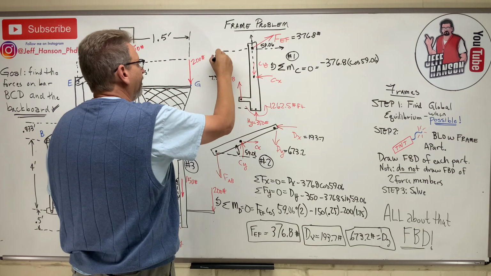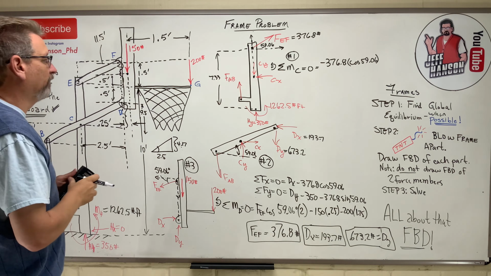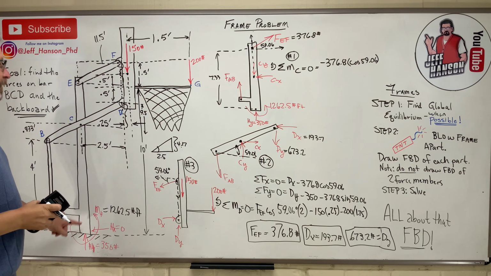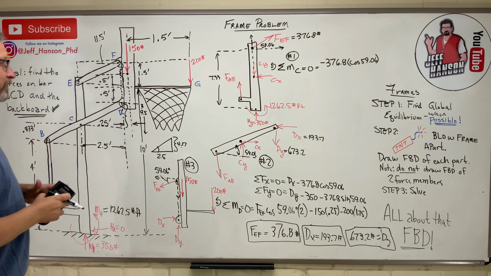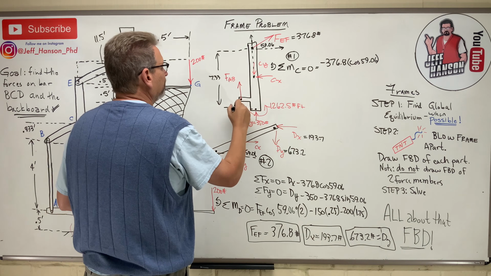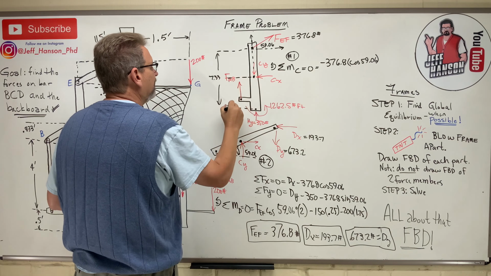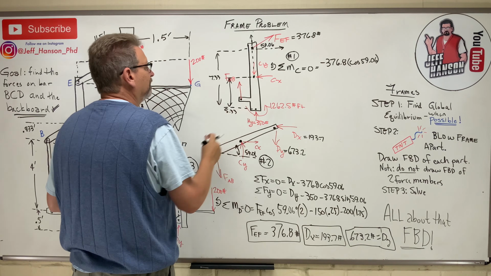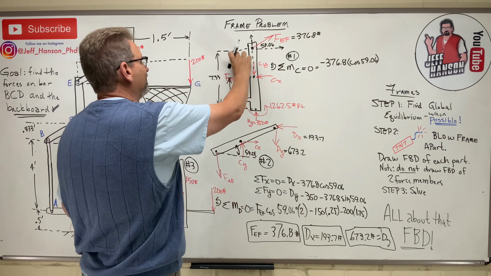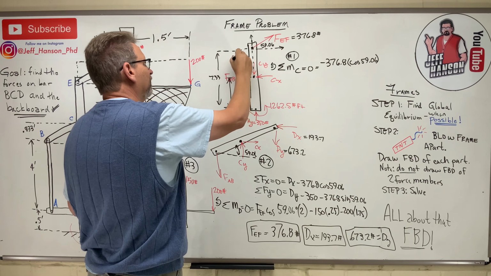Okay, and then what we know from the bottom to point C, we know that distance is 5.33. So the distance between these two here is 2 feet.